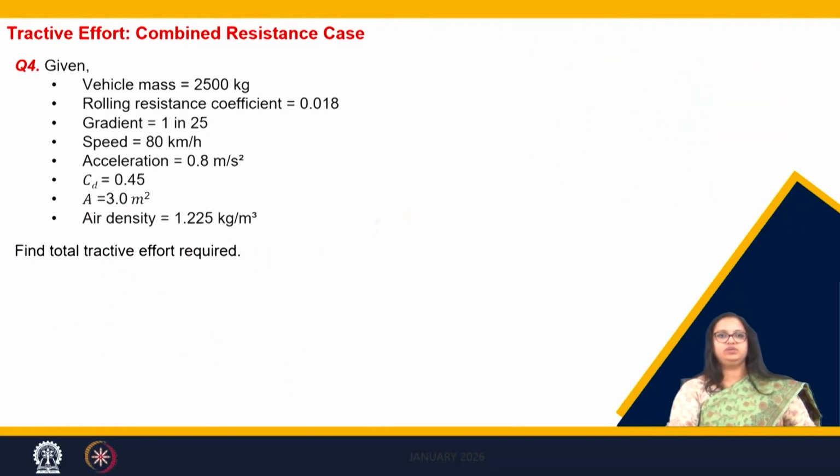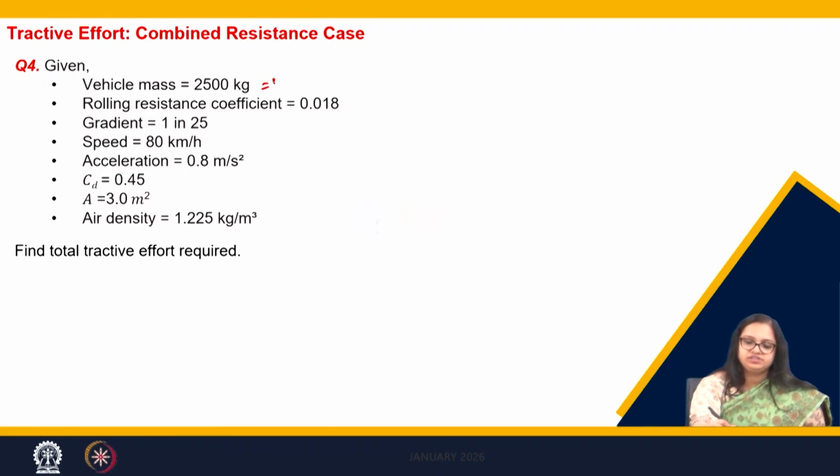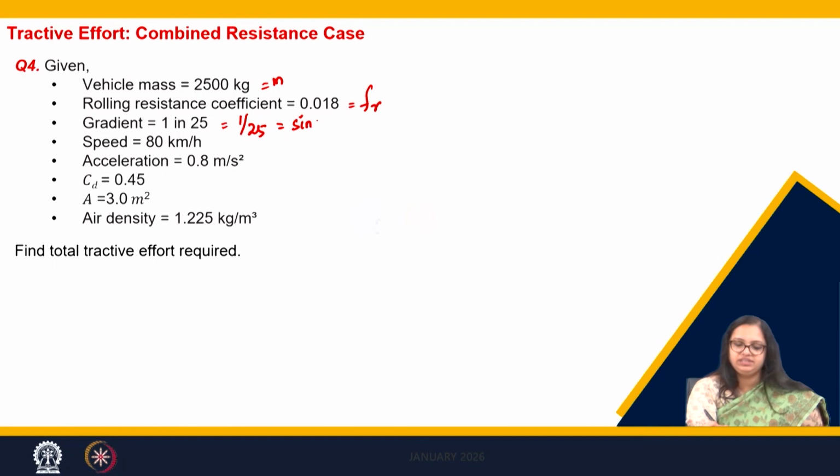Now, there is another question where we will be seeing the effect of all combined resistances. Here the vehicle mass is 2500 kg, the rolling resistance coefficient Fr is given as 0.018, the gradient is 1 in 25, which is equal to sin theta.